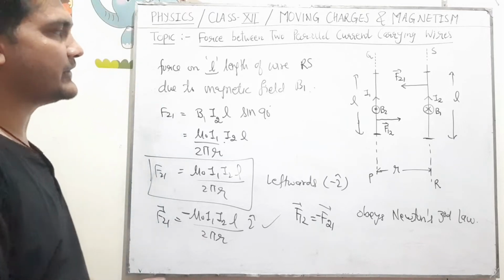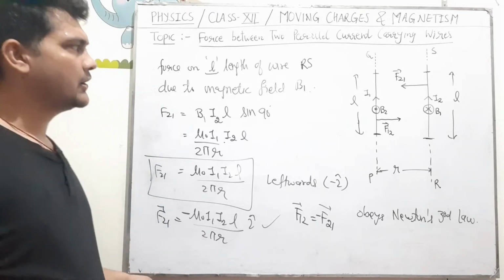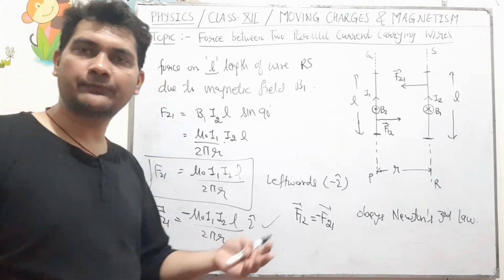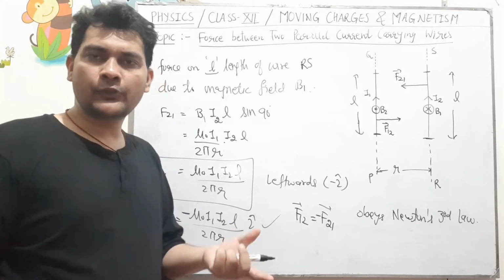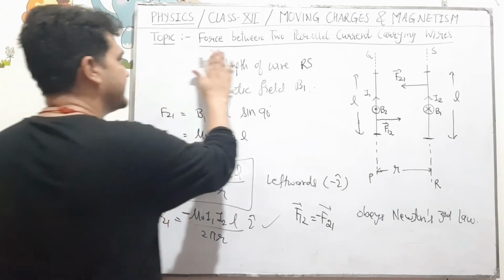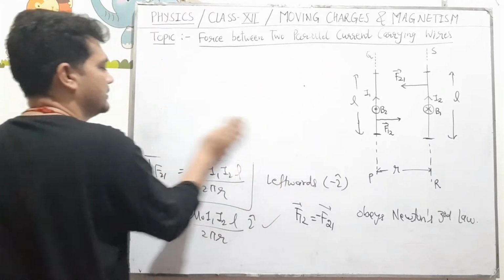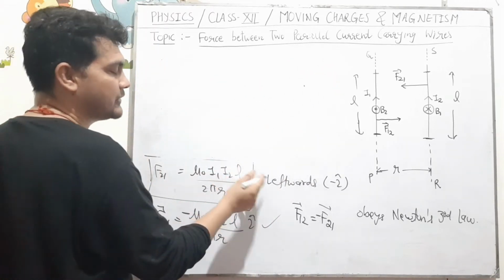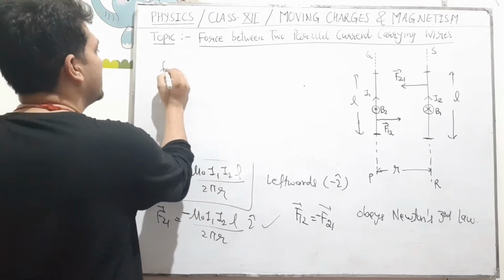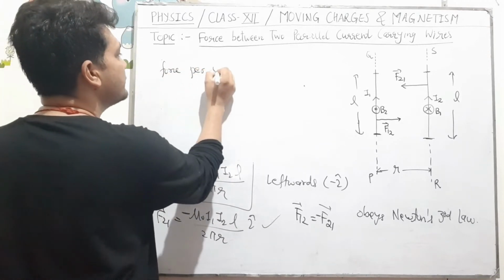Now let us see what happens if you want to find out the force per unit length. You don't want the force on L length of the wire, you want the force on unit length of the wire. It means we are assuming that the length is 1 unit. So simply you write L equal to 1 meter, then you will get the force per unit length of the wire.